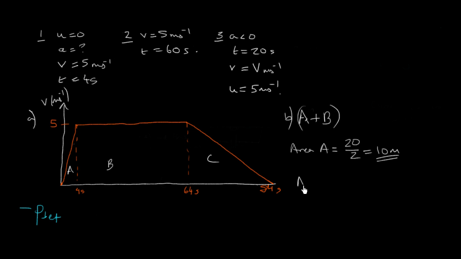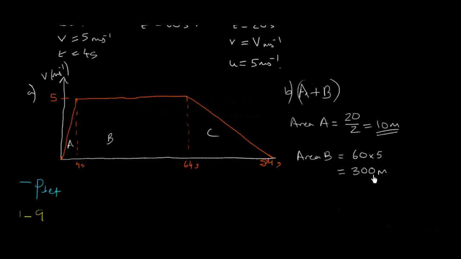And area B is equal to 64 minus 4, which is 60 times 5, and we don't have to divide that by anything, so that's 60 times 5, and that's going to be 300 meters. 5 times 6 is 30, so that's 300 meters.